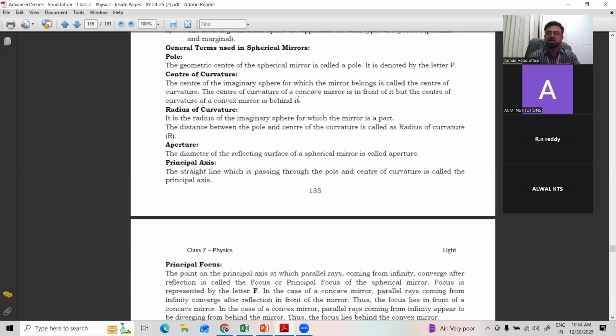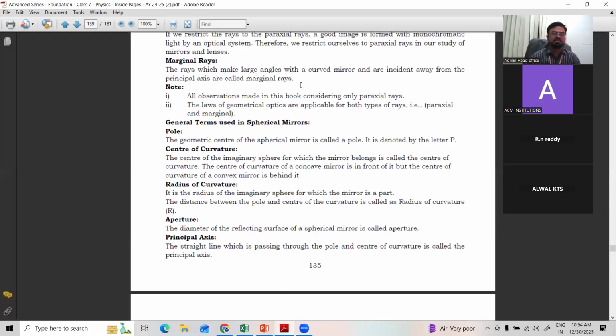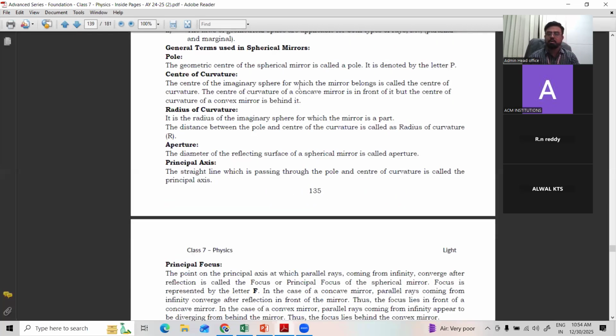Then some general terms we discussed about spherical mirrors. What is the pole? Exactly the center part of the mirror is called the pole of the mirror. Whether it is convex or concave, no matter, the geometrical center of the given mirror is called the pole of a mirror.